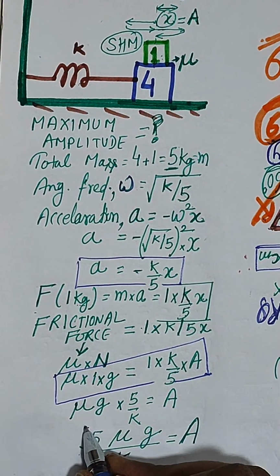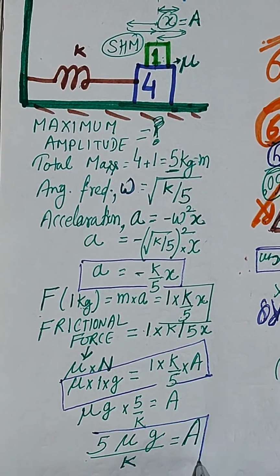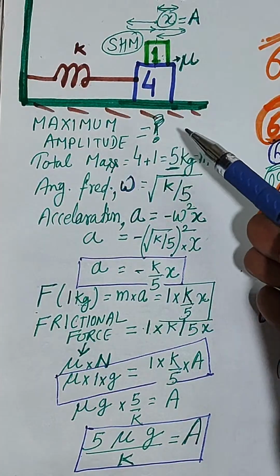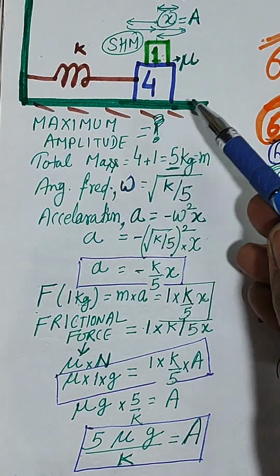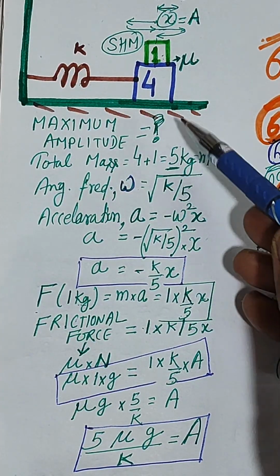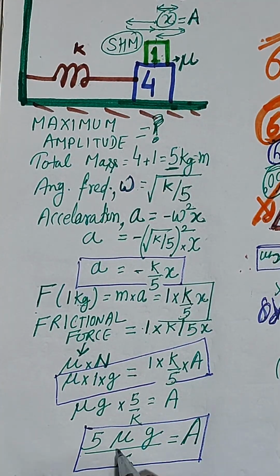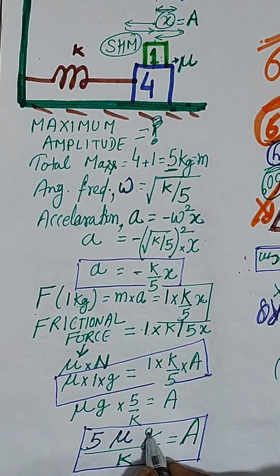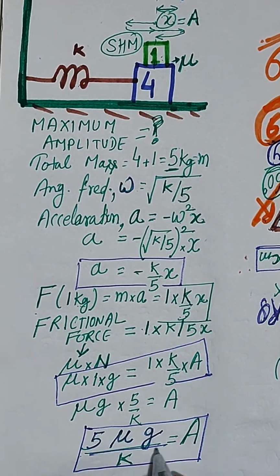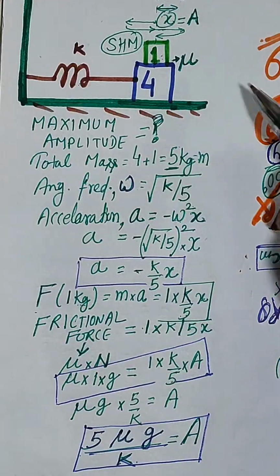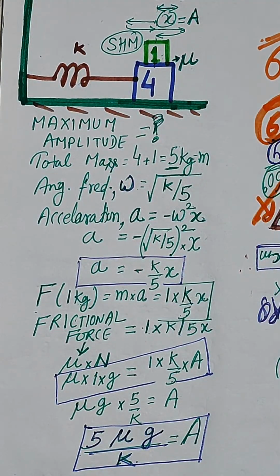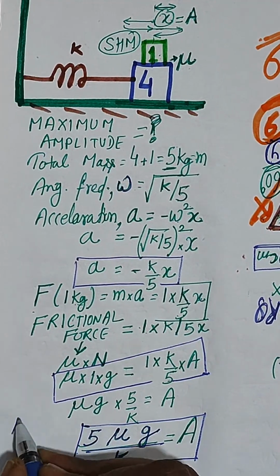The question was, what is the maximum amplitude? So the maximum amplitude is 5 times mu times g by k, when the coefficient of friction mu is acting between the two blocks only.